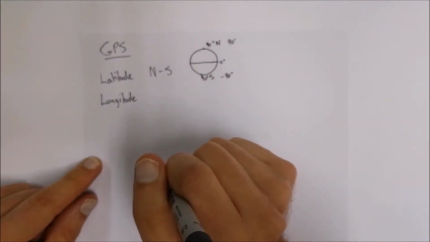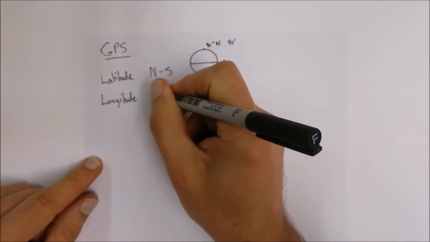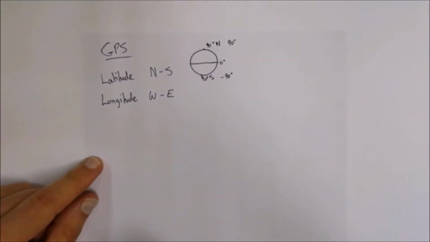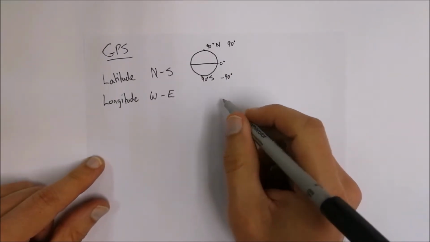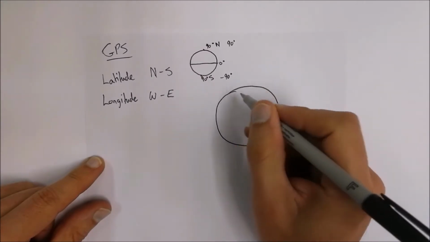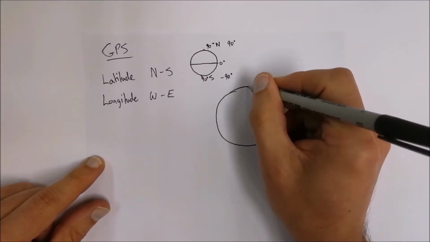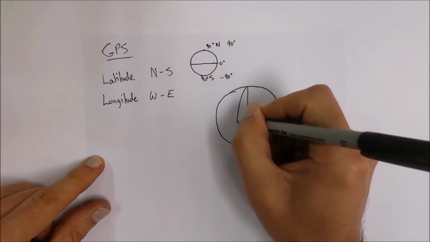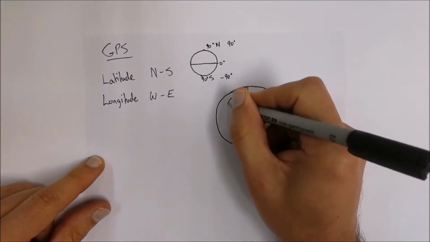Okay, longitude is how many degrees west or east your position might be. Again, if you look at your specific globe that you might have, you will realize that there are these lines that are going across in this type of fashion.